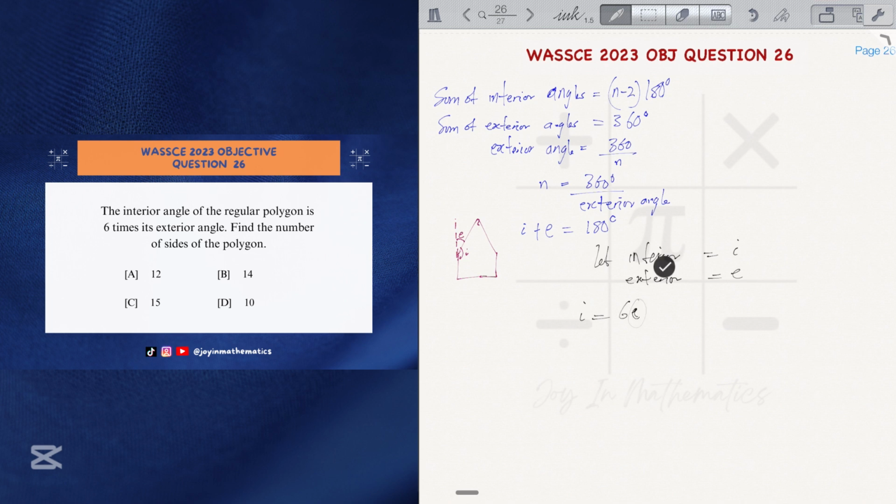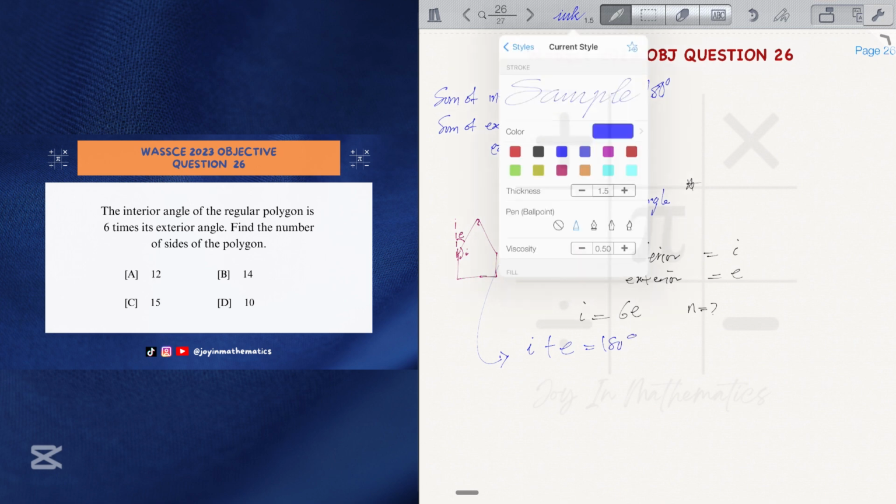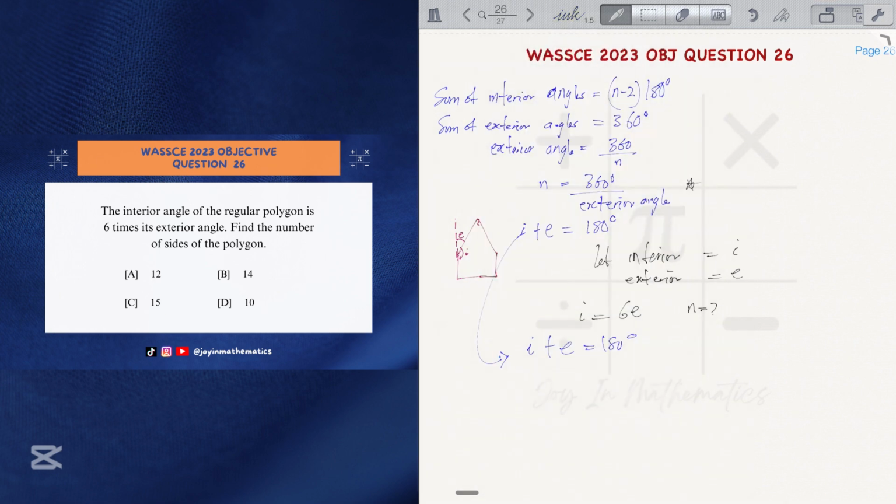This is interesting. And we are asked to find the number of sides. So if I is equal to 6E, the number of sides can be found by using 360 degrees divided by the exterior angle. So now let us apply this to evaluate the exterior angle. I plus E is equal to 180 degrees. We have found that I is equal to 6E, so anywhere we see I, we substitute 6E.